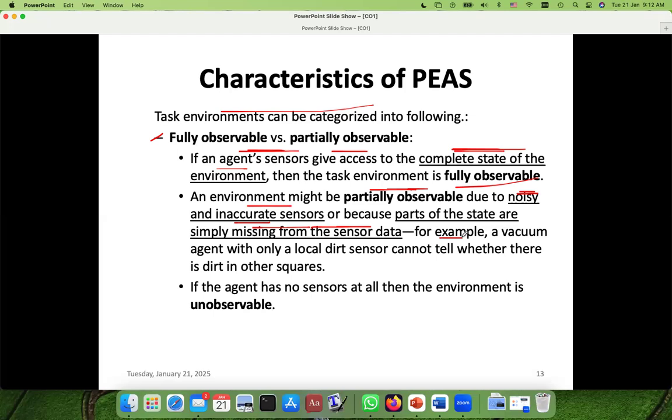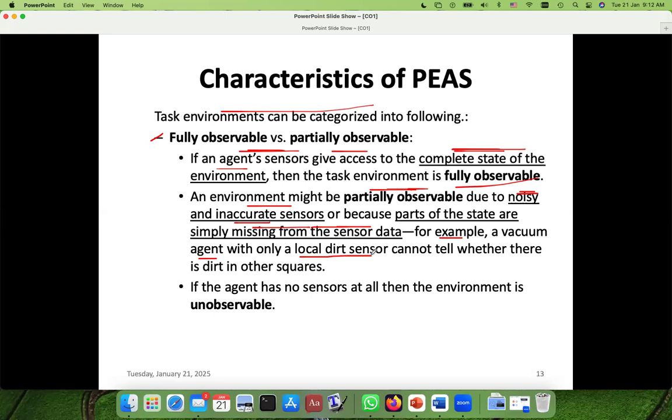Here an example is given: if your vacuum cleaner agent, the example that we have seen previously, has only a local dirt sensor, which means if your agent is present in location A, it only knows that location.